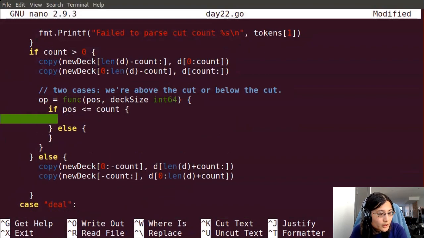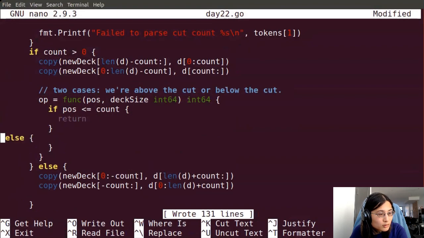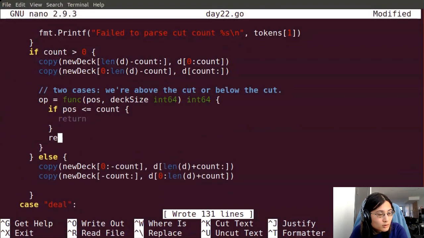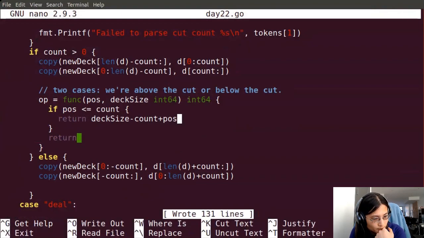For above the cut, deck size minus count plus position. Is that correct?